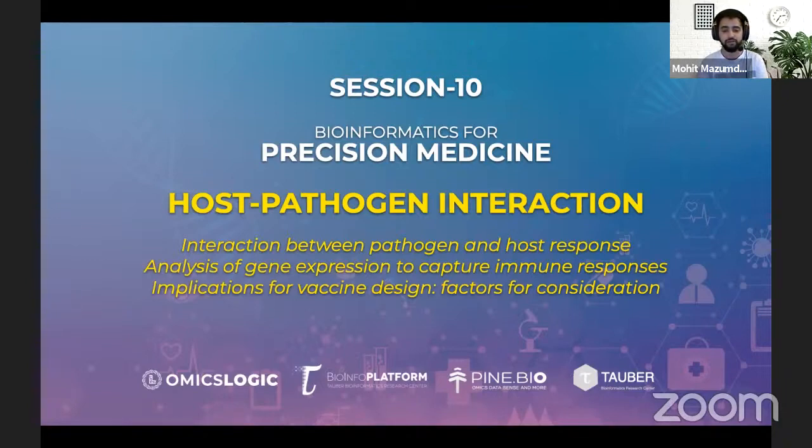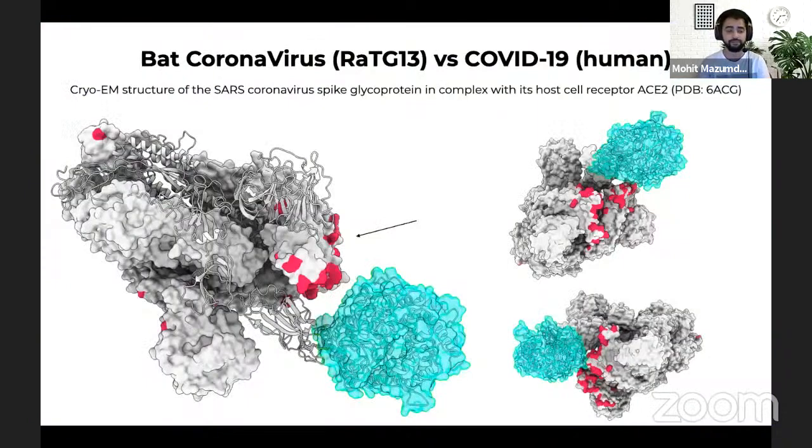How do you connect from host response to viral replication, and then the implications of that to cell, organ, and tissue. So exploring different viral strategies for exploitation of host machinery and viral protein production. These are some of the topics and sessions that are there for precision medicine.